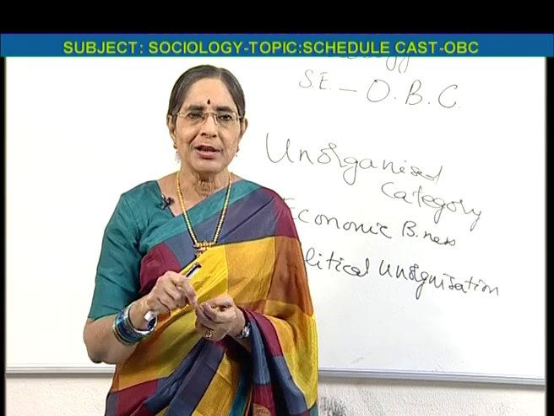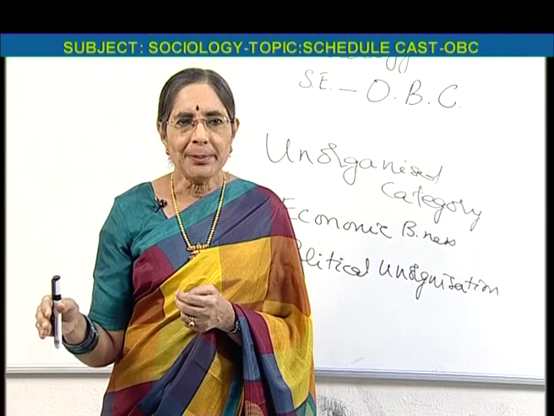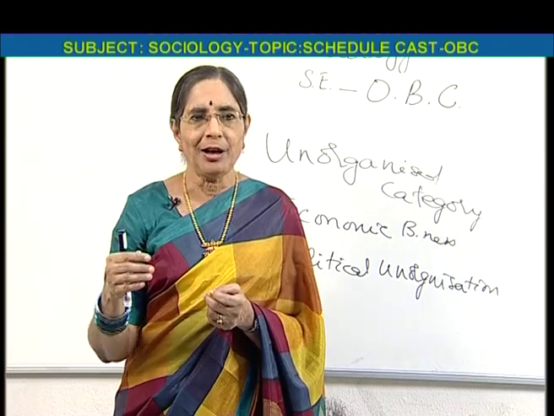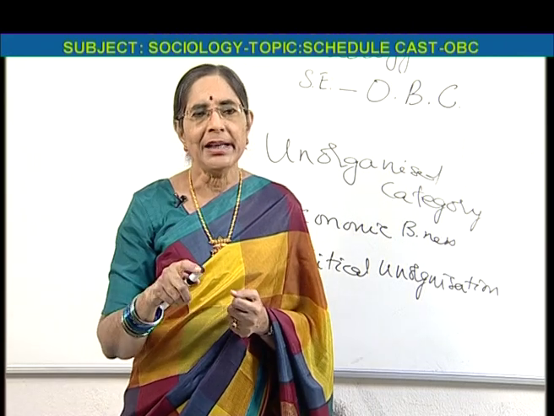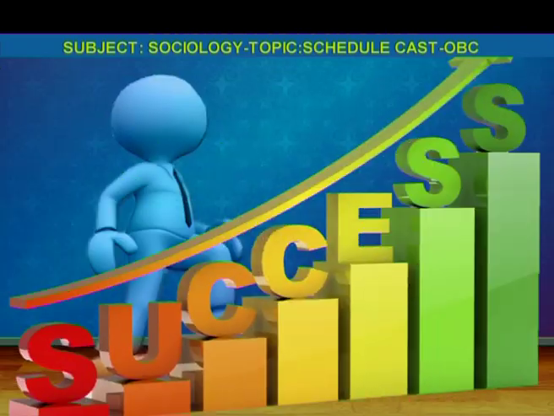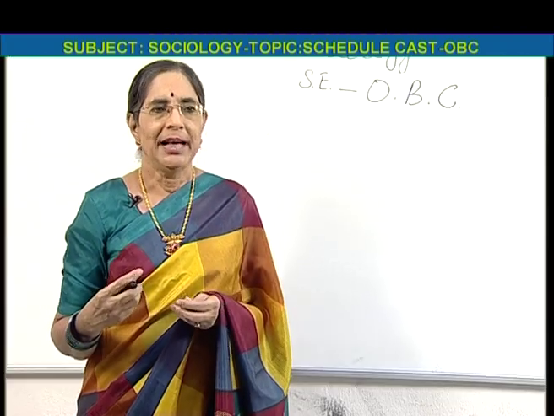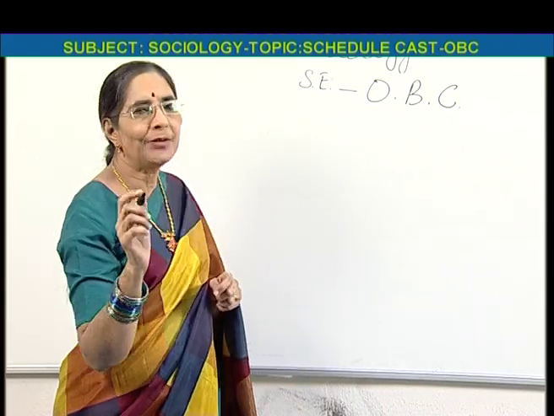On that basis, it was decided whether any programs or welfare measures could be taken or not. Let us see these criteria. Broadly, we can divide these criteria into 3 categories. B.P. Mandal has taken 3 broad categories as criteria. Let us see what they are.